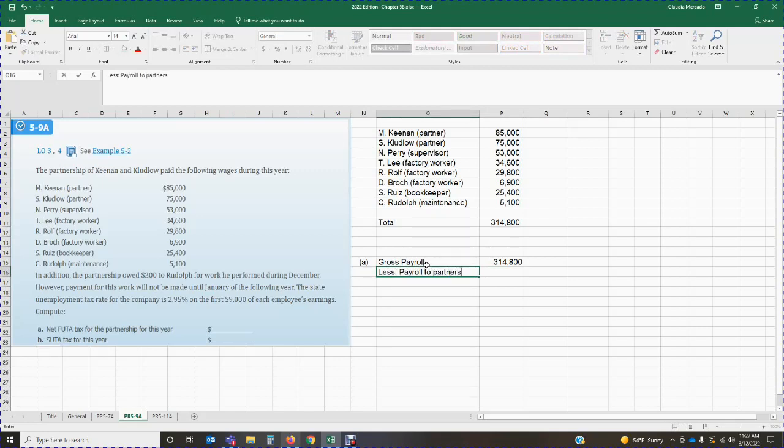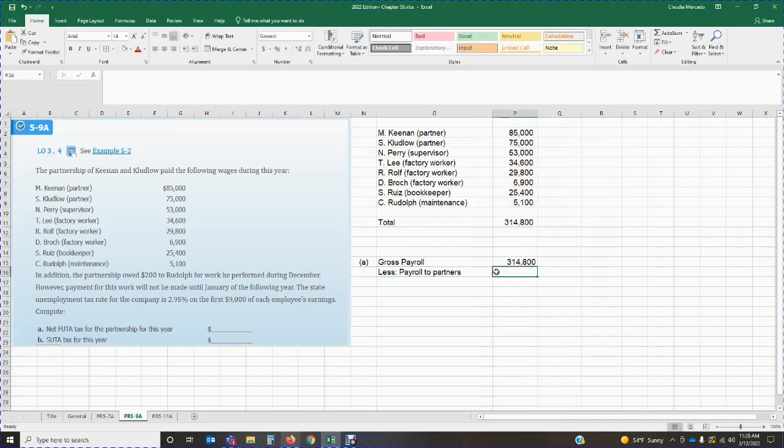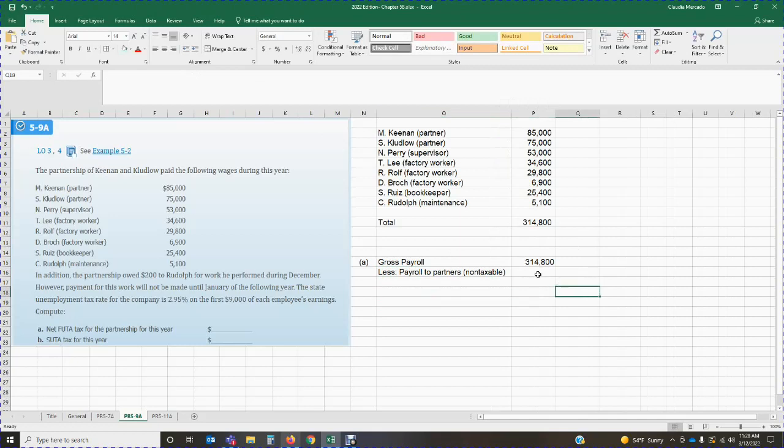From there I'm going to deduct my payroll to partners. Remember, we said last time that partners are not considered employees. Anything paid to the partners is basically a withdrawal. That amount is non-taxable, and that was covered in chapter 2. The amount that was paid to my partners, if you add those two, is $160,000.